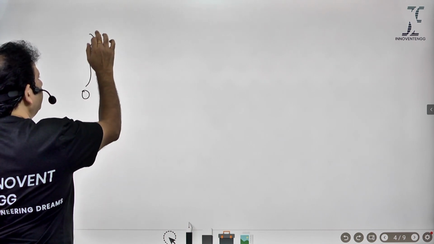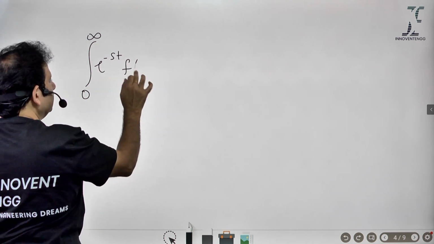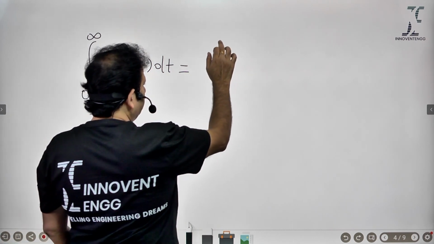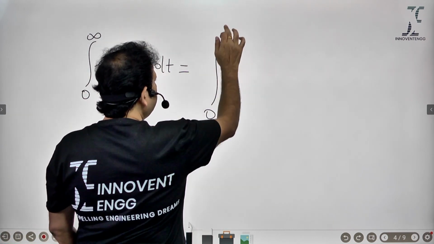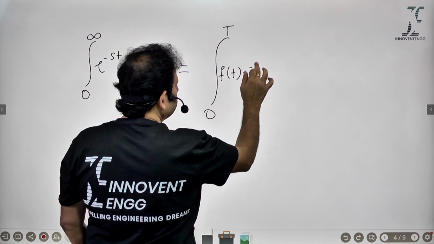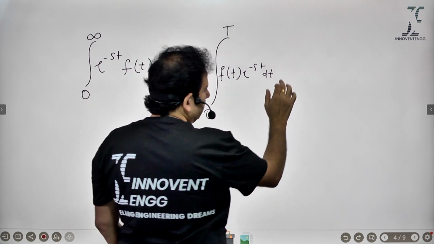Let us see how it can be manipulated now. The integral of e power minus st f of t dt is equal to the integral from 0 to T of f of t e power minus st dt. This is all right. But what about the second one?